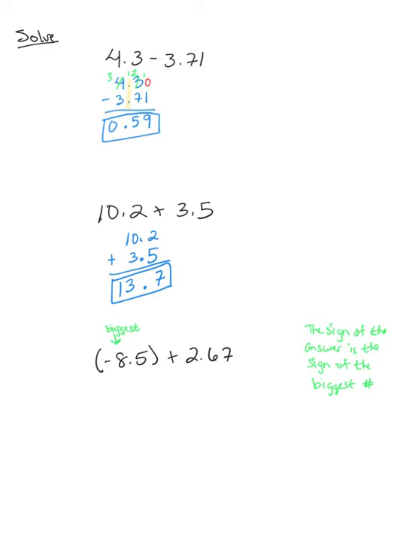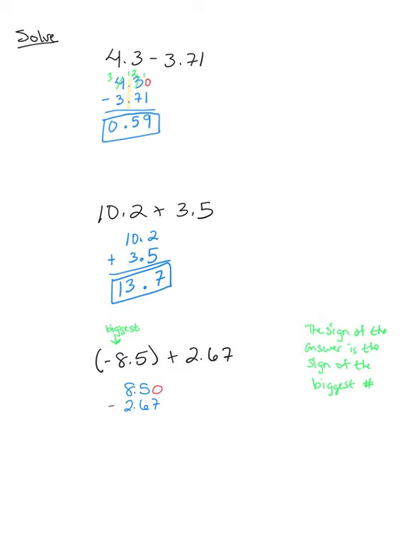So now you need to rewrite this. Now, to make your life easier, rewrite it with the bigger number on top. 8.5 and line it up, 2.67. Remember, we're going to add that 0 to balance it out.